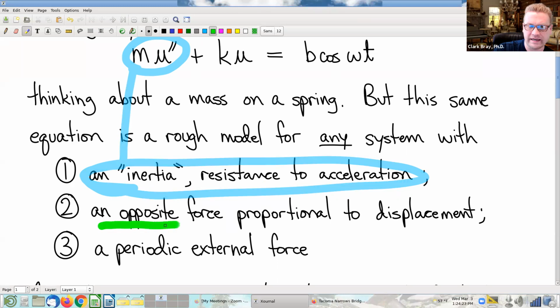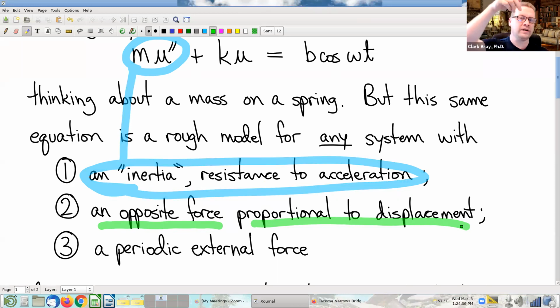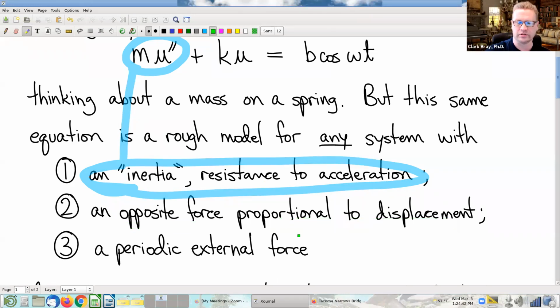And then likewise, a system that has opposite forces proportional to displacement. In our mass on a spring example, when you push the mass up, when the spring is stretched in that direction, the spring pushes back or pulls back in this direction. So opposite direction, proportional to displacement.